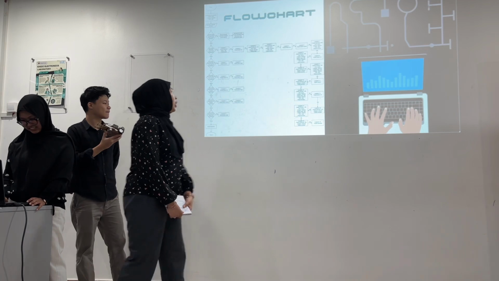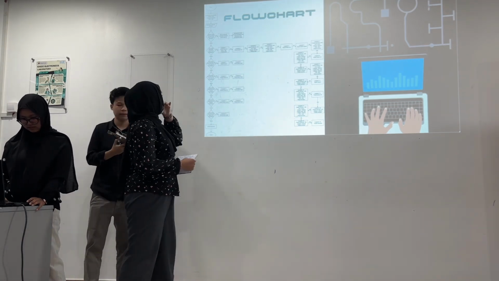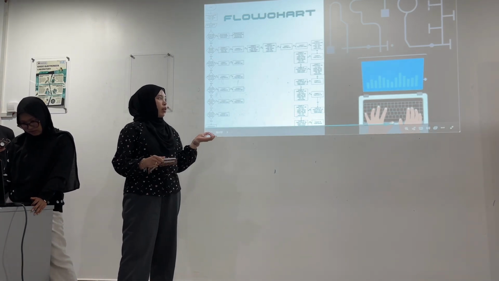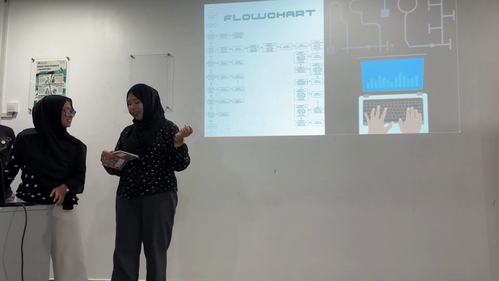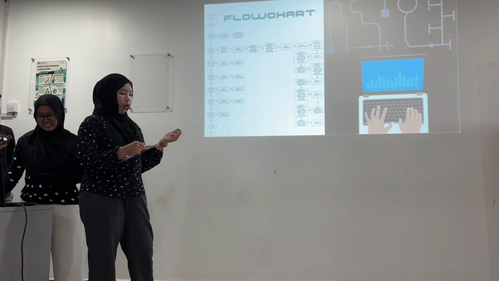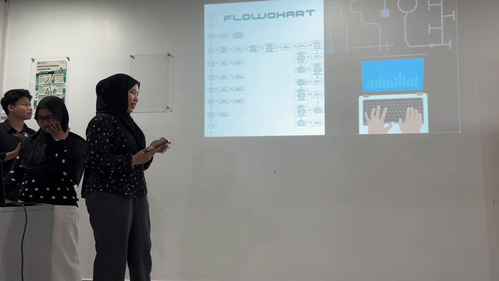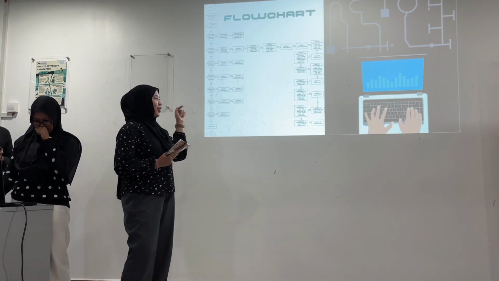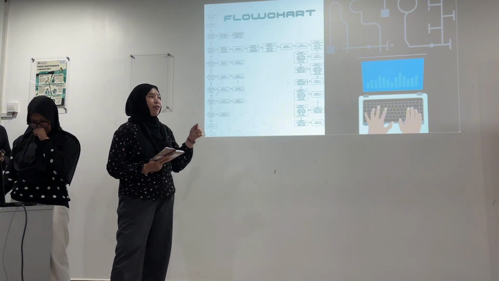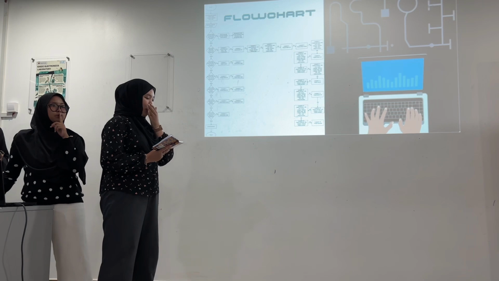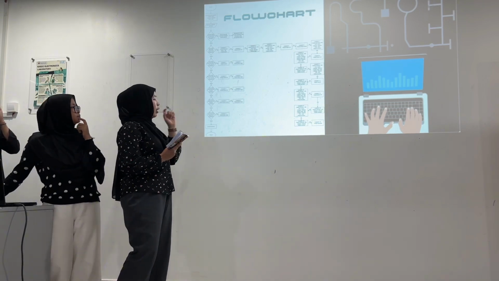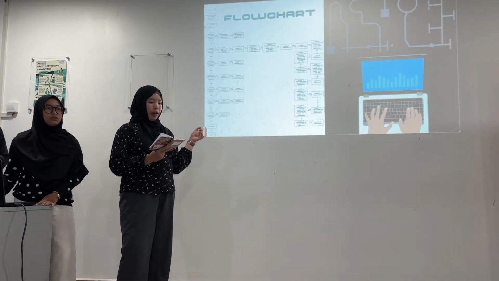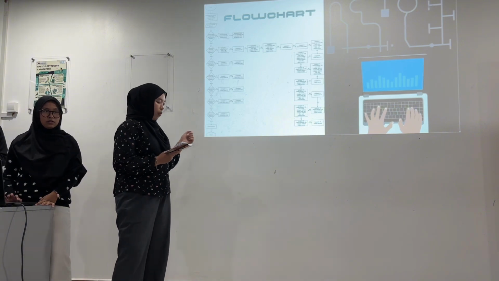This is our flow chart. First, the robot starts and sets up the robot pins. Then the light sensors, sensor 1 to sensor 5, detect the path. In manual mode, the robot switches to manual and can be controlled using a phone or laptop.